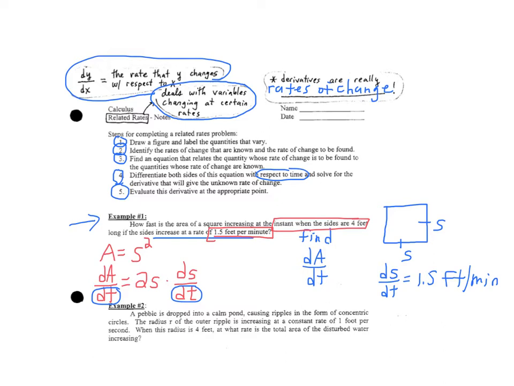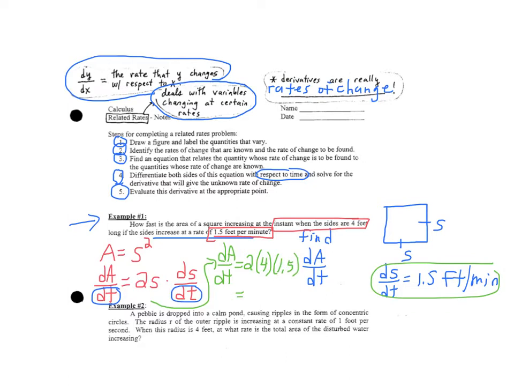At the instant when the sides are 4, we're trying to figure out the rate at which the area is increasing. This is where we plug in all of the pieces of information we know. I'm trying to find dA dt, which equals, well, s is going to be 4, and my ds dt we identified over here to be 1.5.